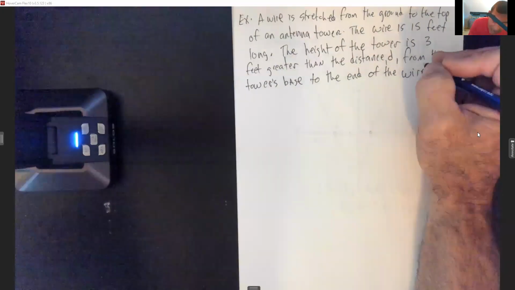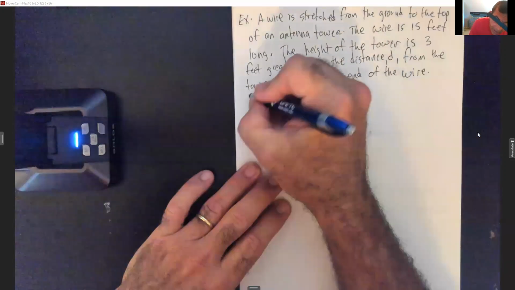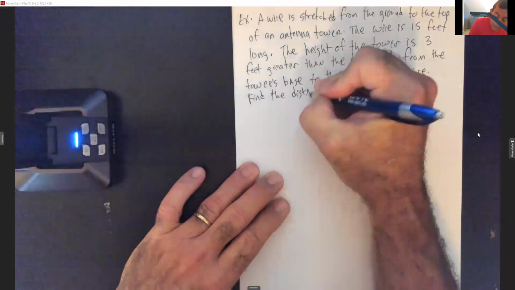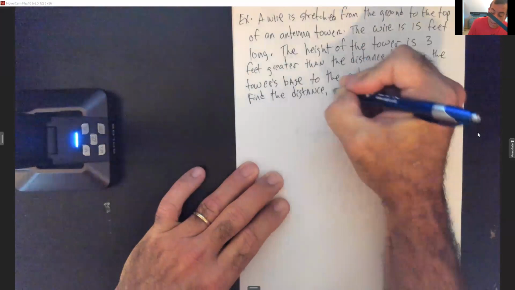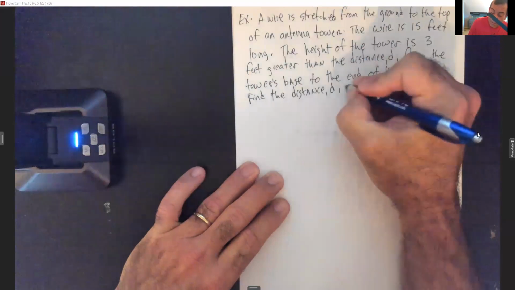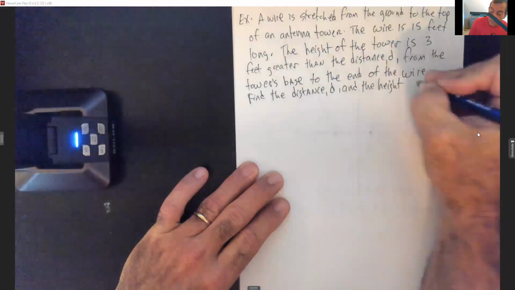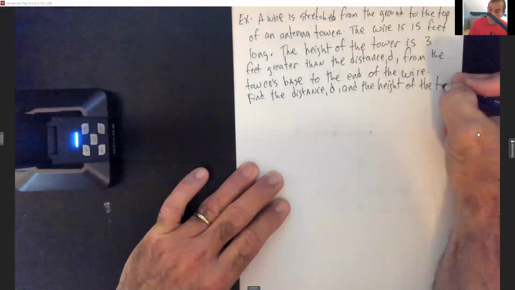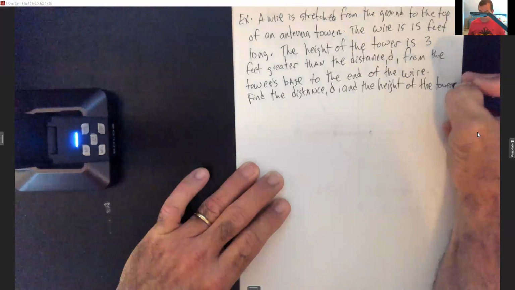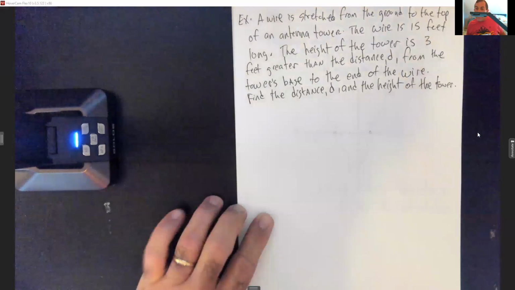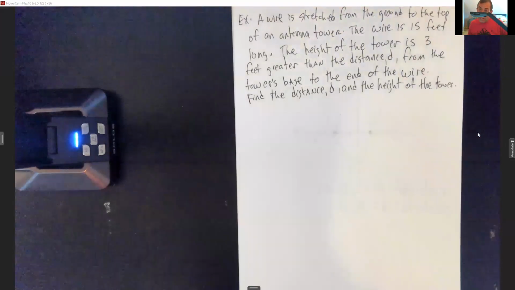So they want me to find that distance D and the height of the tower. All right, so that should be a T there. So find the distance D and the height of this tower.